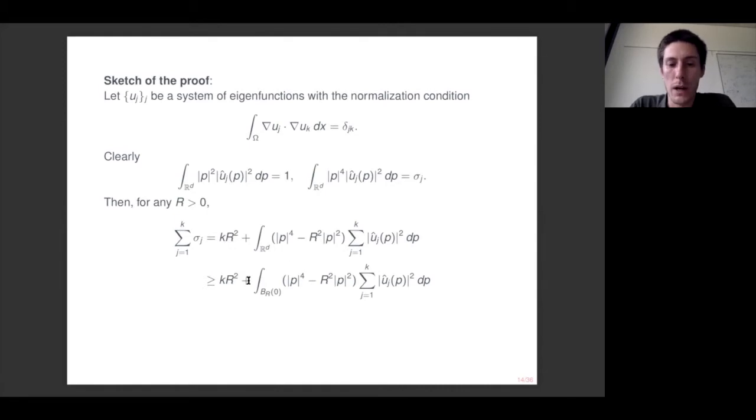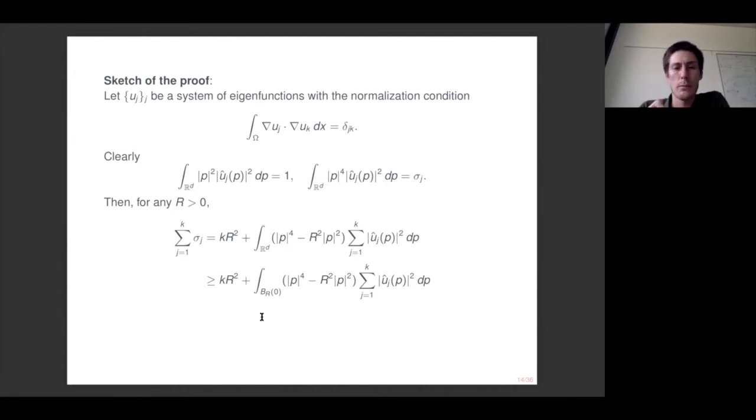And this can be lower bounded in this way, since outside the ball of radius r the integrand is always positive. So in order to provide a lower bound for this quantity, we need to provide a lower bound for this integrand, and then optimize this quantity with respect to r.